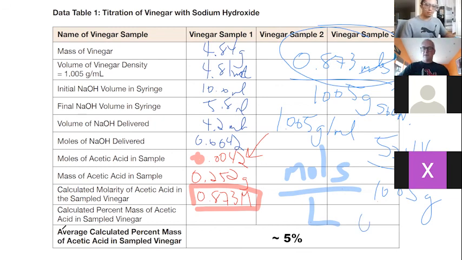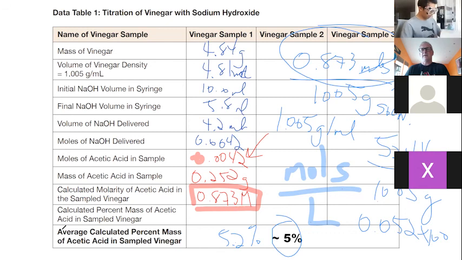And I get 0.052. Multiply it by 100, 5.2%, which is pretty good. That's pretty close to 5. Your answer should be pretty close to 5. Yeah, I just calculated. Mine was like 4.95. Perfect. That's even closer.